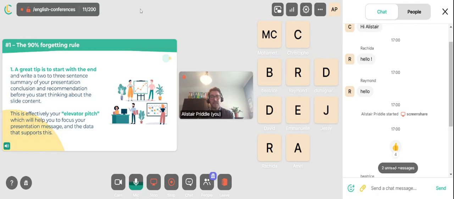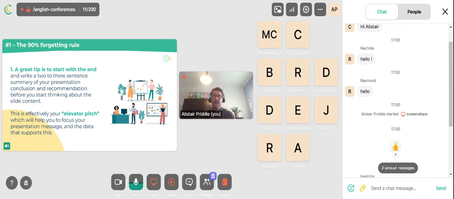A great tip is to start with the end of a presentation and write a 2 to 3 sentence summary of your presentation conclusion and recommendation before you start thinking about the slide content.